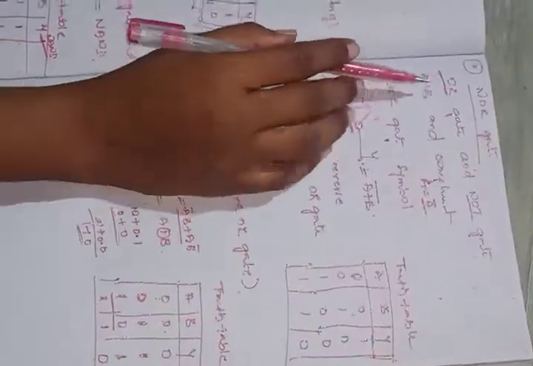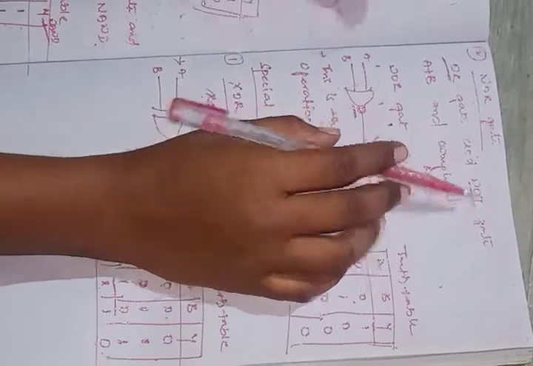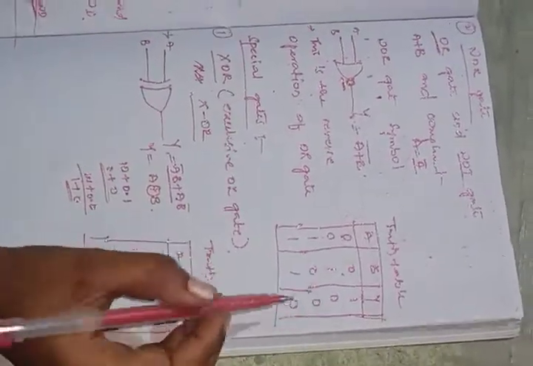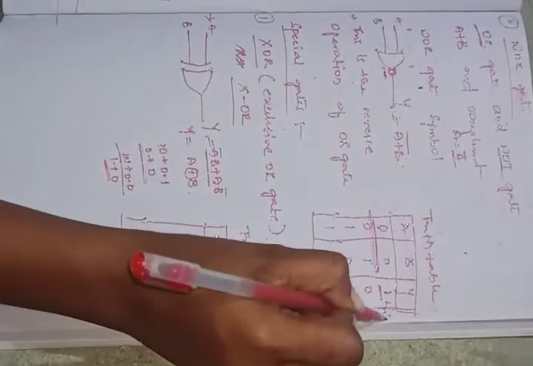And next, NOR gate. The NOR gate is a combination of OR gate and NOT gate, and it is the reverse operation of OR gate. In the truth table, if all the inputs are zeros, means all the inputs are low, then the output is high.